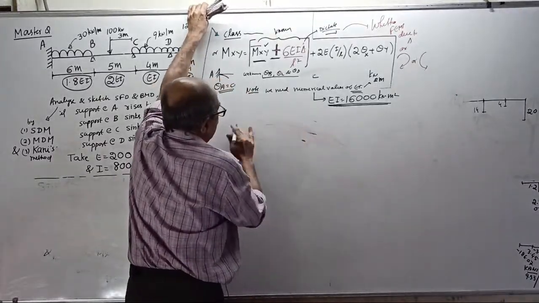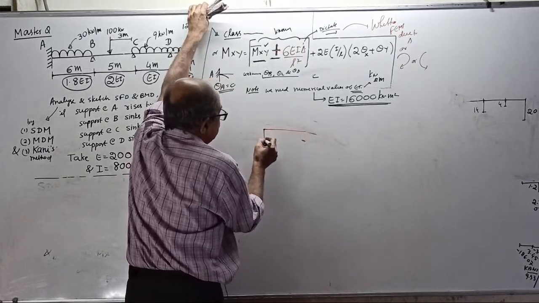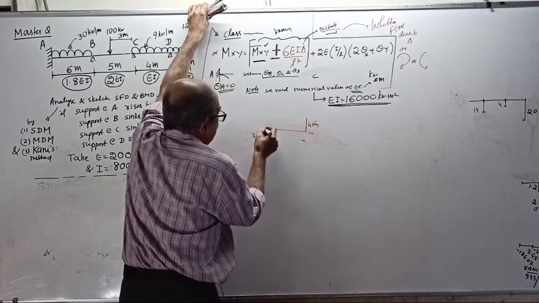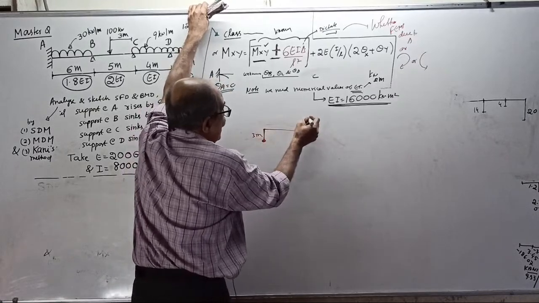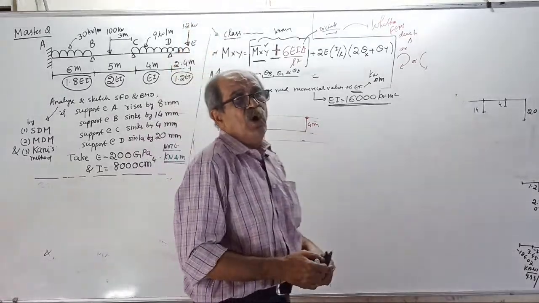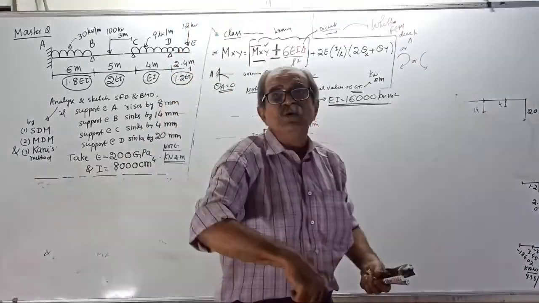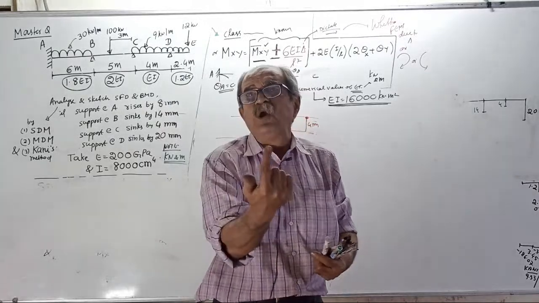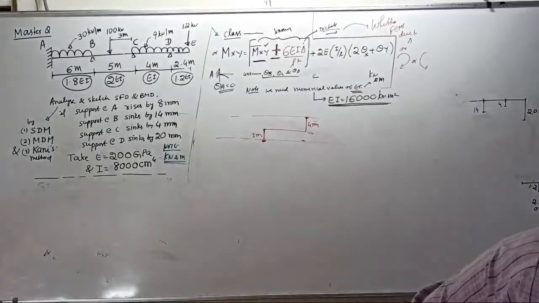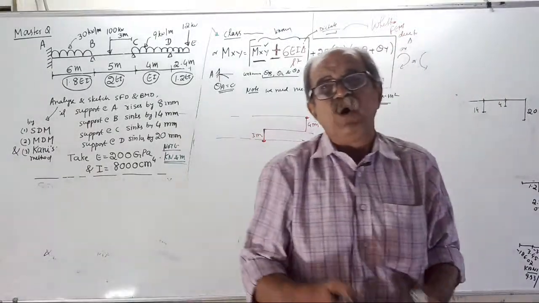And suppose this sinks by 3 mm and that goes up by 4 mm. One goes 3 down, the other goes 4 up. The difference is the delta. Tell delta: 7 mm.